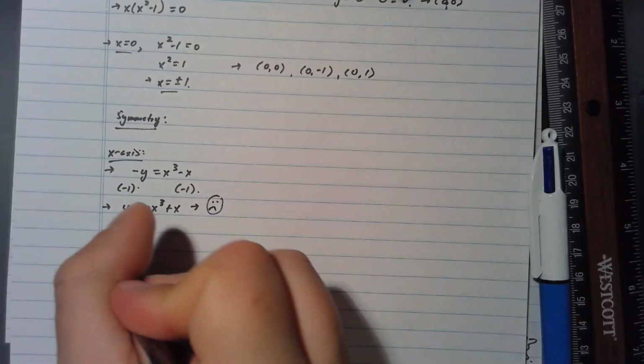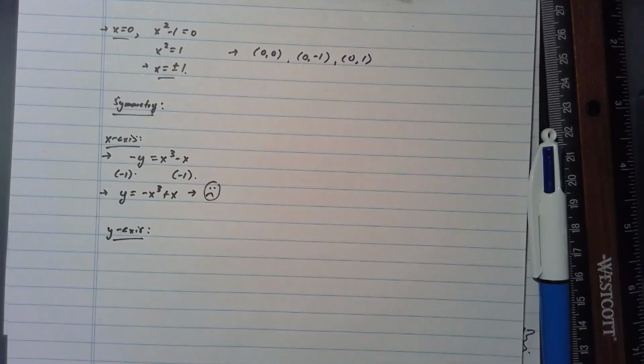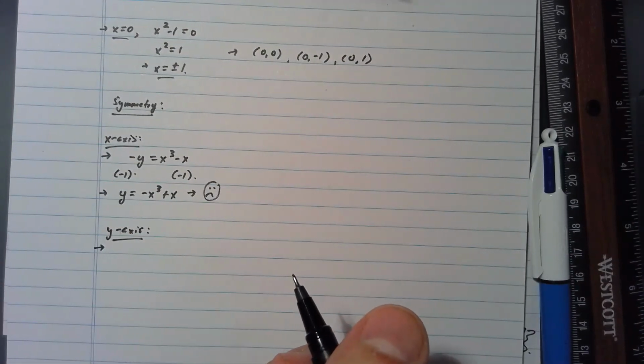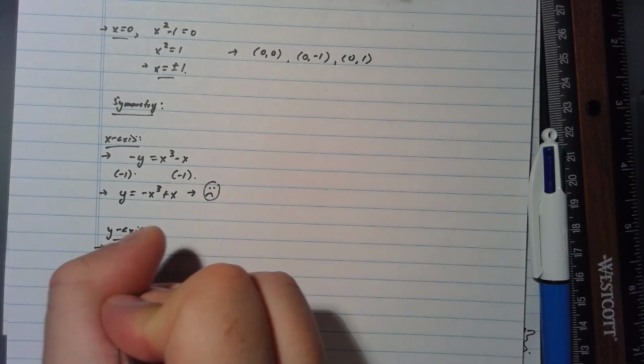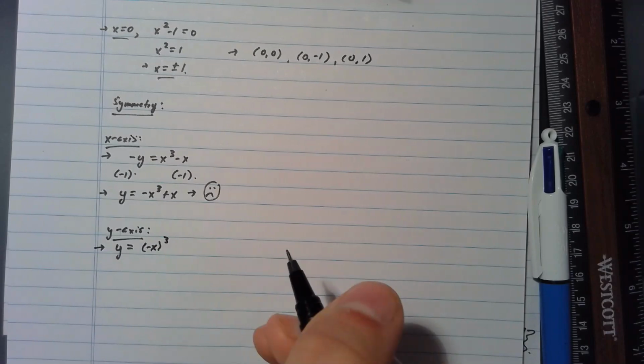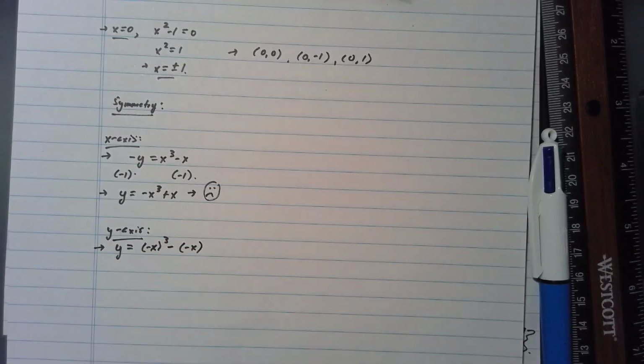So let's try y-axis symmetry. Replace x with negative x. Negative x to the third power minus negative x.